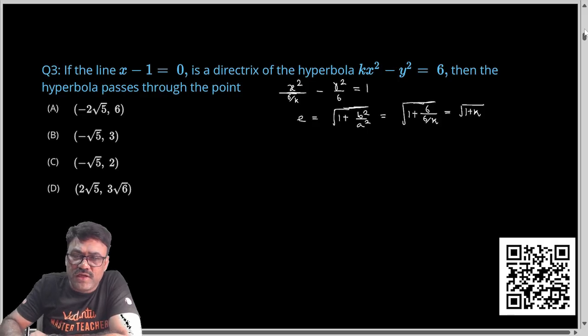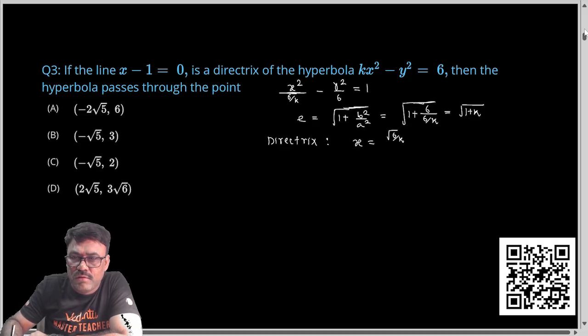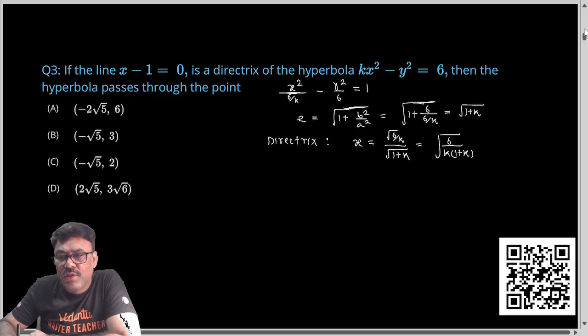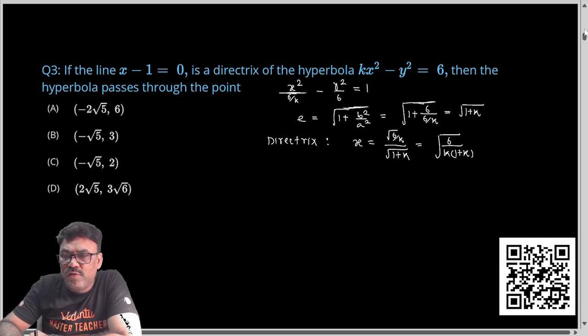Now let's write its directrix. Its directrix is x is equal to a over e. And a is under root 6 by k, and e is under root 1 plus k. So basically it is under root 6 over k into 1 plus k, while the directrix was given as x is equal to 1.